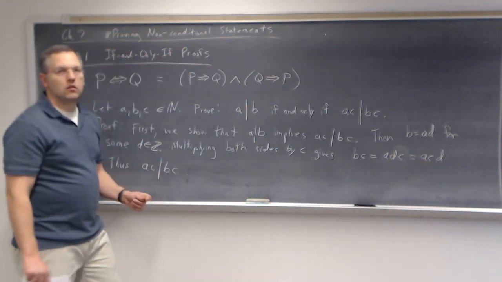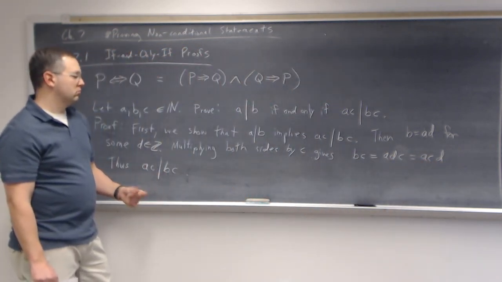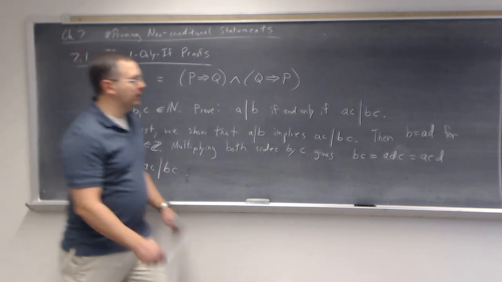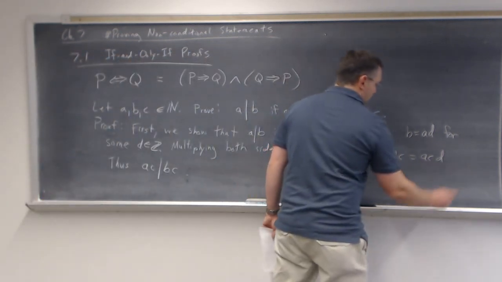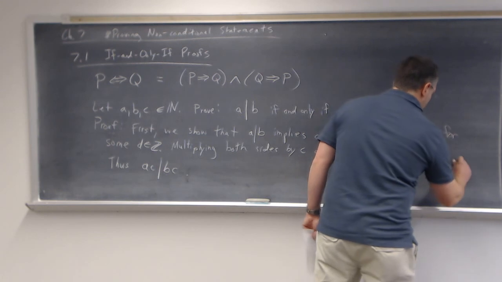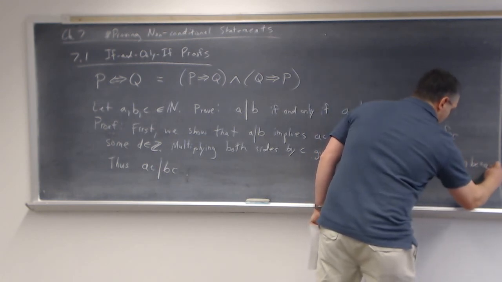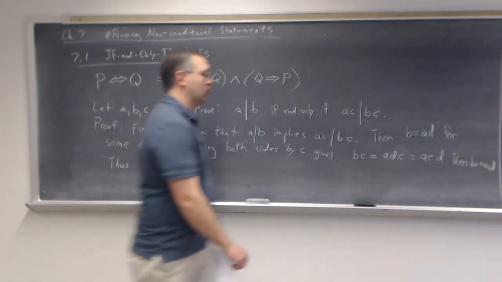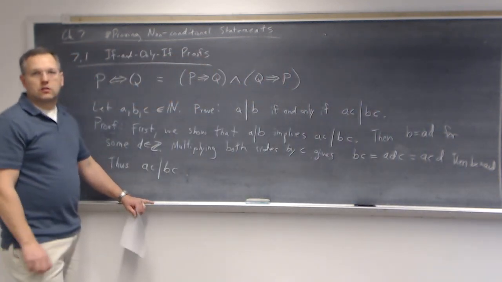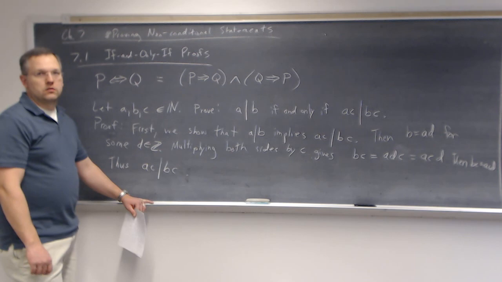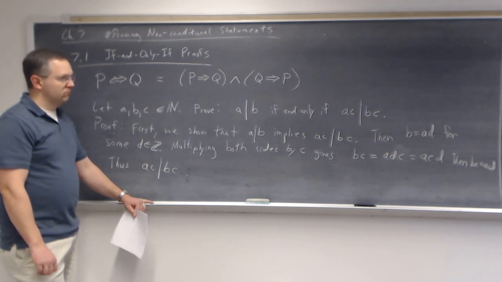I don't know, does that suffice? Yeah, I'm getting maybe a little looser with my rules. Shouldn't I say then BC equals ACD, where D is an integer? No, I'm saying just by looking at that.